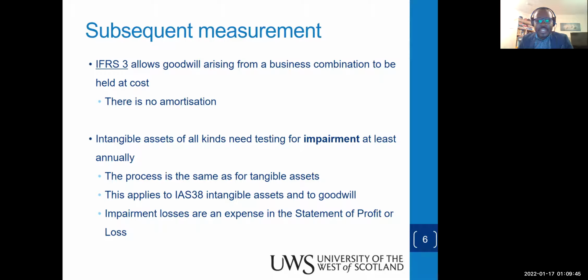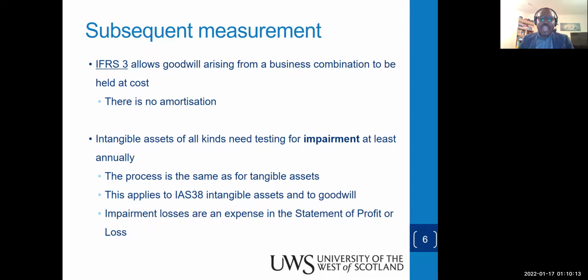And it is in line with IAS 38, which is a whole topic we'll look at along the line. So all intangible assets need impairment testing at least every year, or as regularly as you can, provided you think it's feasible. The process is the same as when you are doing it for tangible non-current assets.